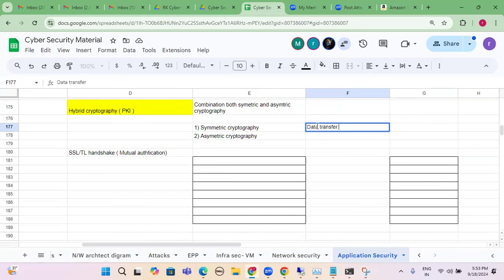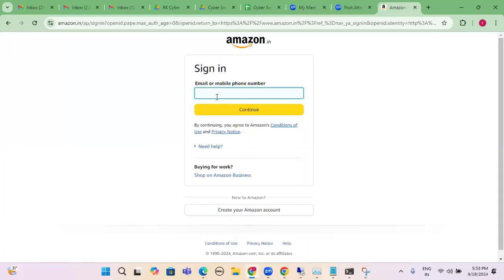It can only be used for data transfer. What is meant by that? For example, as I said, if I'm entering the email address or phone number on Amazon, that is symmetric. And encrypting using the public key provided by the backend server is called key exchange between the end user and the backend server. That can be done by asymmetric cryptography.